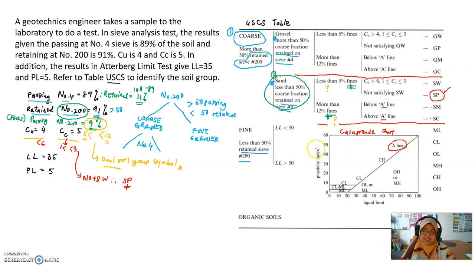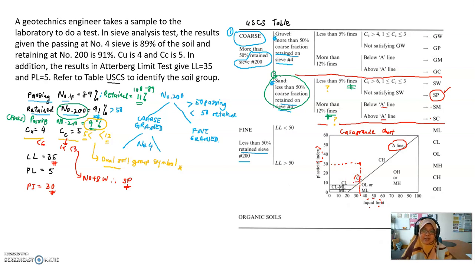As long as we know the plasticity index and the liquid limit, we can define what type of soil it is, whether clay or silt. From the LL and PL, we get PI equal to 30 and LL is 35. Reading the Casagrande chart, at LL 35 with a PI of about 30, we can say that the soil is clay.